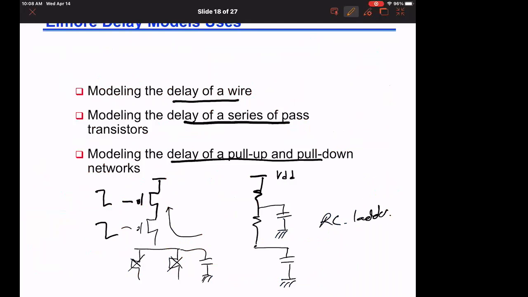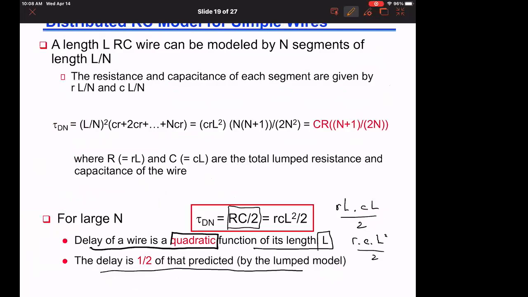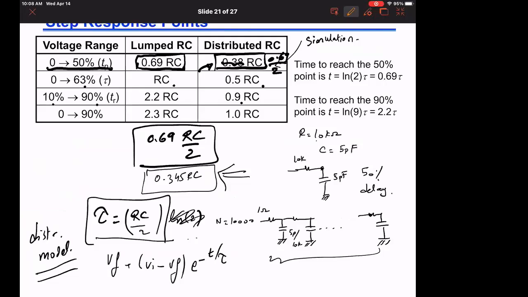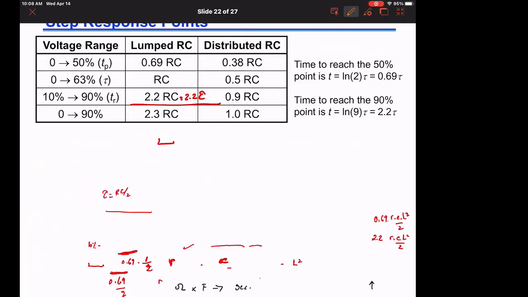Then we said that the Elmore delay helps me in many cases, such as if I have devices, pass gates, or a wire. And we approximated the delay to be RC over 2, and then we took several examples.